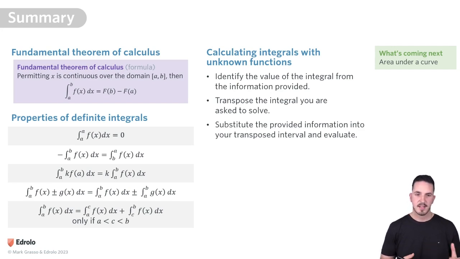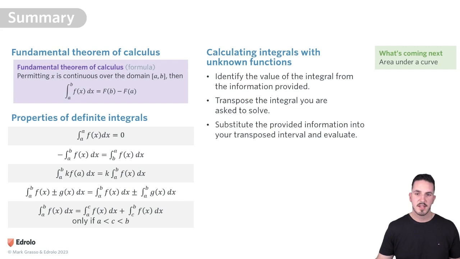Also scale factor, and addition and subtraction, and finally where you have a third variable, for example, that middle value of c. Calculating integrals with unknown functions, you want to identify the value of the integral from the information provided, so see what they've given you, transpose the integral that you're asked to solve, and then substitute the provided information into your transposed integral and evaluate.